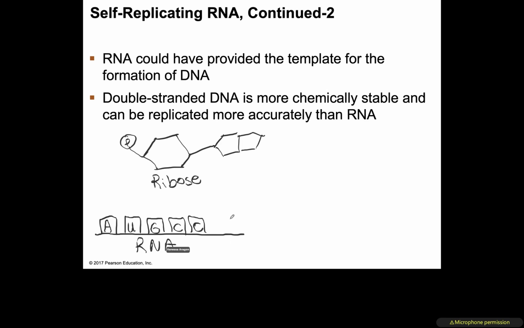Your DNA strands look exactly the same way, except instead, let's do it in blue. If this were a DNA nucleotide, it would be deoxyribose. And the difference is literally the removal of an oxygen, okay?